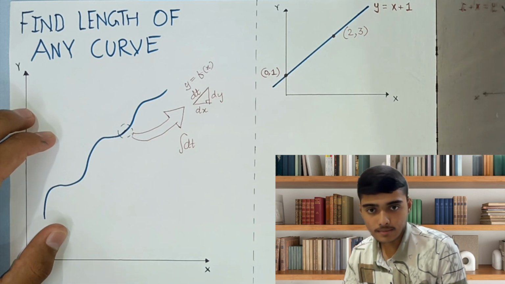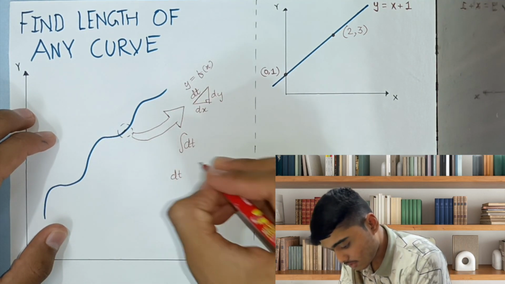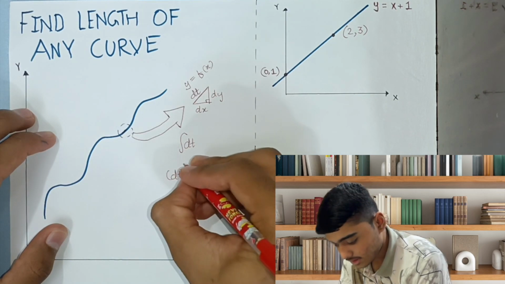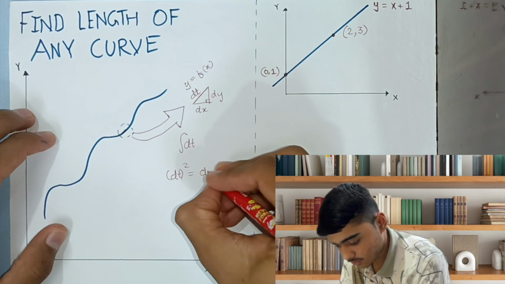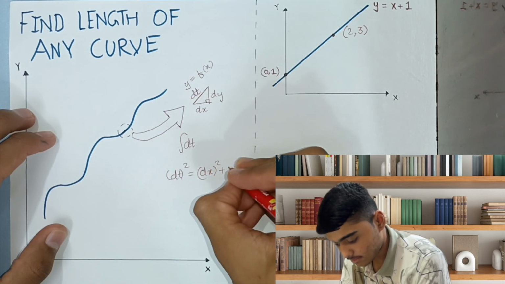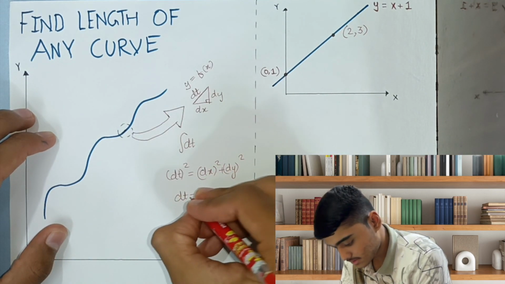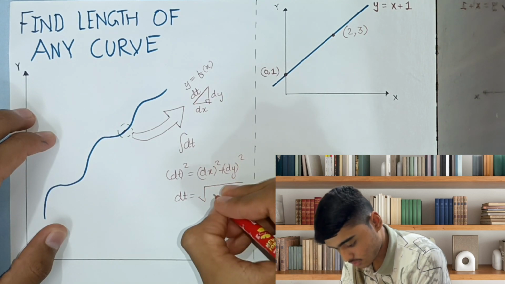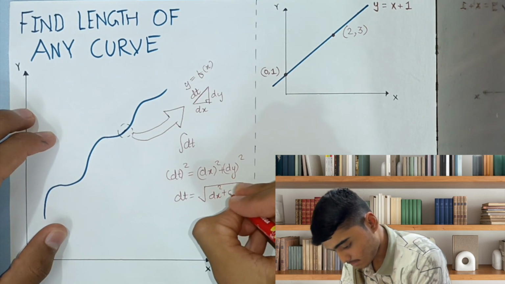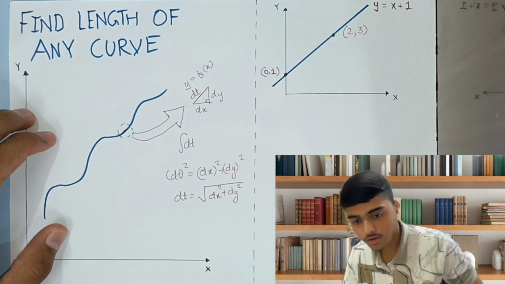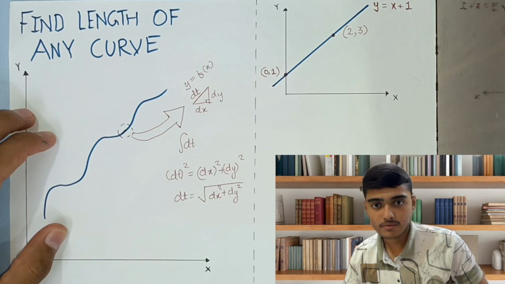What is dt? According to Pythagoras theorem, dt squared is equal to dx squared plus dy squared. So dt is the square root of dx squared plus dy squared. So this is how we'll be finding it.